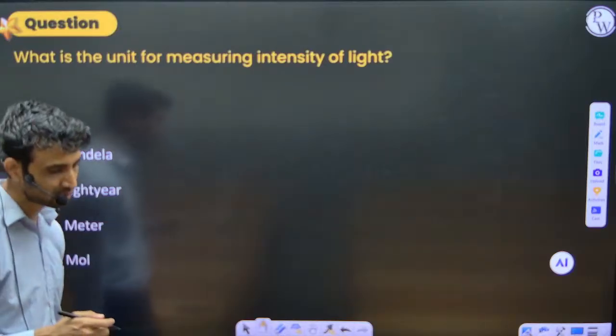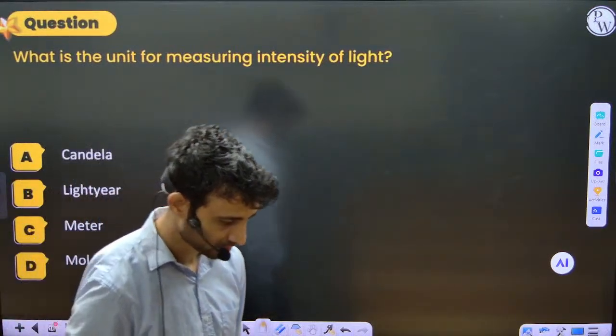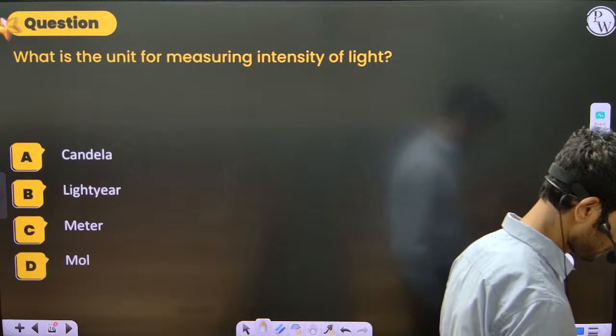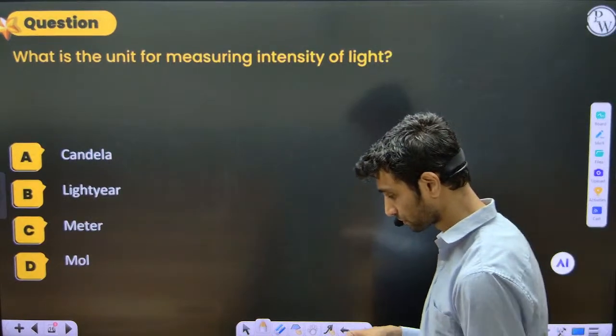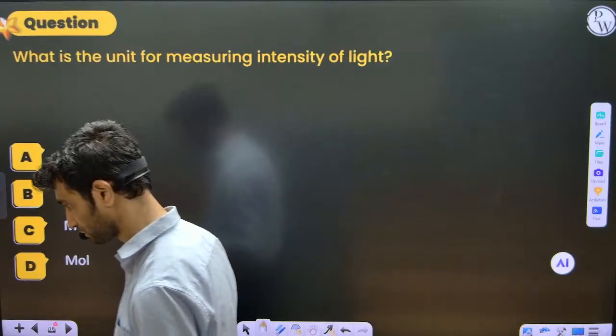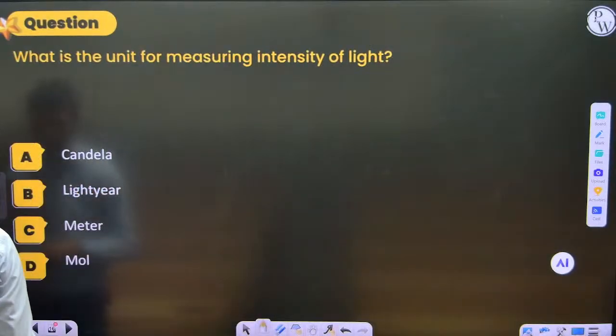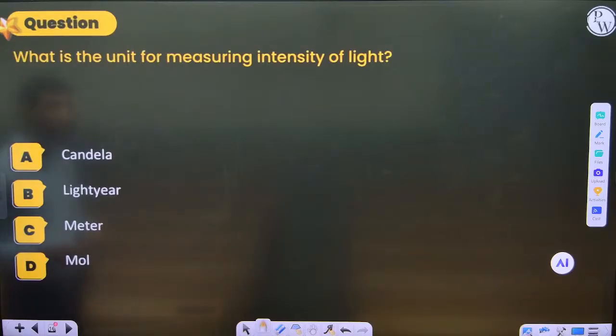This also we have seen. Check and tell me which option is this. It's candela.